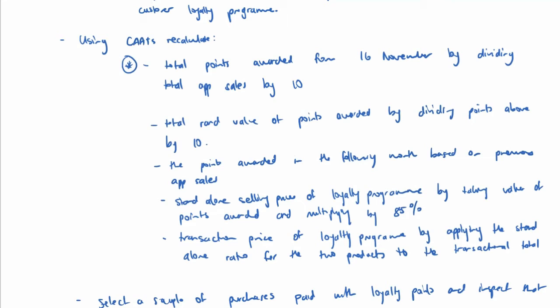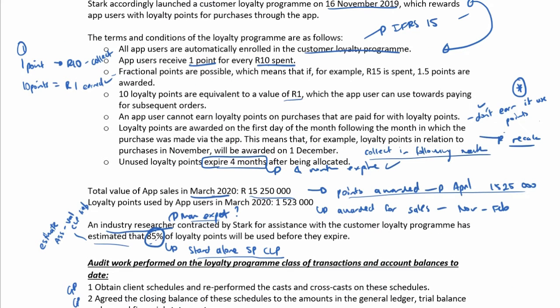Now I've gone and I've accounted for it or tested the calculations for it according to what IFRS says. Unfortunately, it's a little bit trickier because we don't have figures. We don't have the total sales from the app up until March, from when the loyalty program was launched.